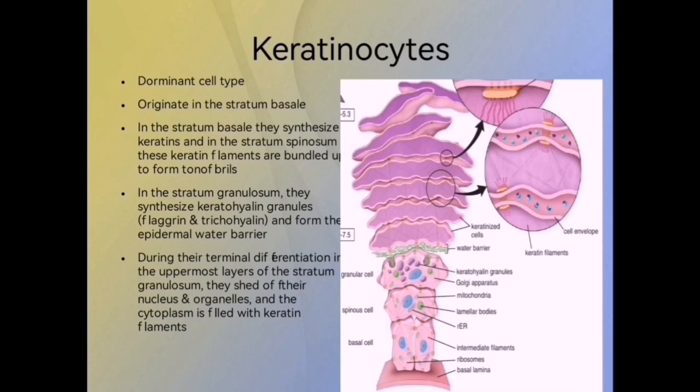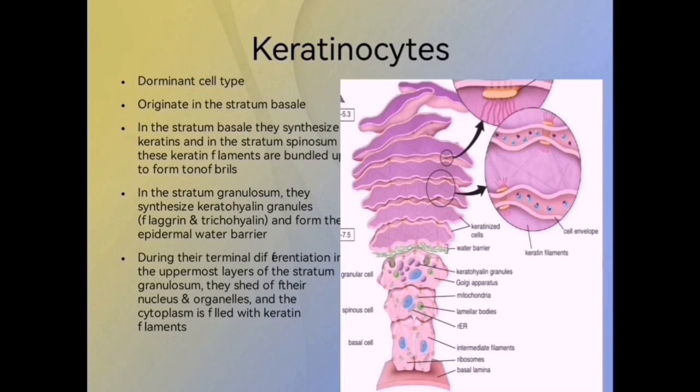Now, when they enter the stratum granulosum, these cells synthesize granules called keratohyalin granules. They contain two main components, namely filaggrin and trichohyalin. These keratohyalin granules facilitate aggregation of keratin filaments within the cytoplasm of these cells, facilitating the process you call keratinization of the cells.